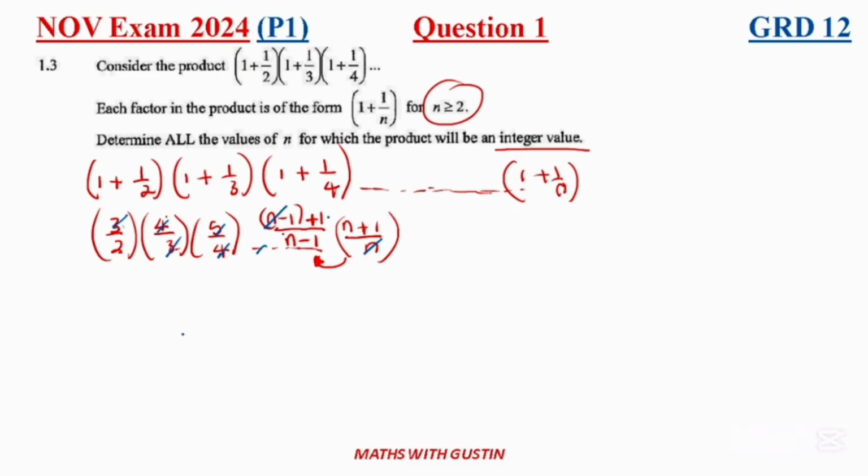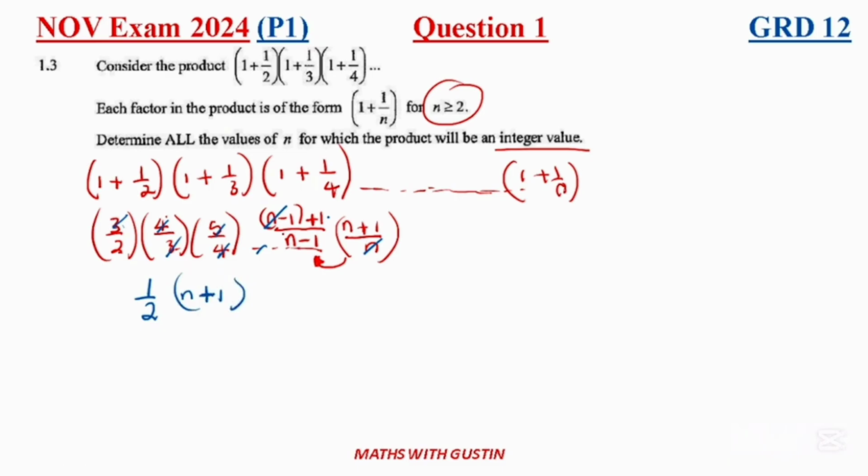So can you see, guys, what are you left with here? In the numbers, you're going to be left with 1 over 2, and in terms of n, you are only going to be left with n plus 1. So after cancelling out, you are going to be left with n plus 1.